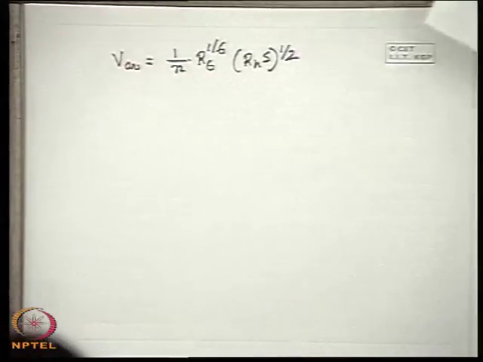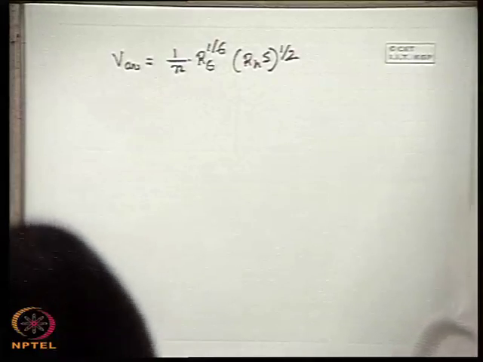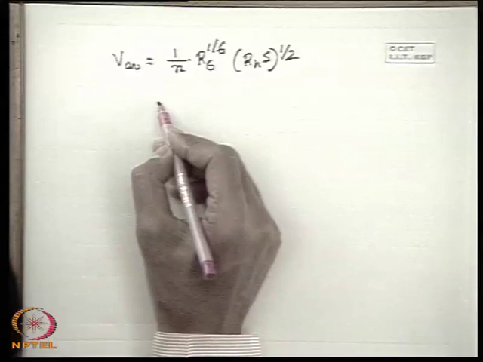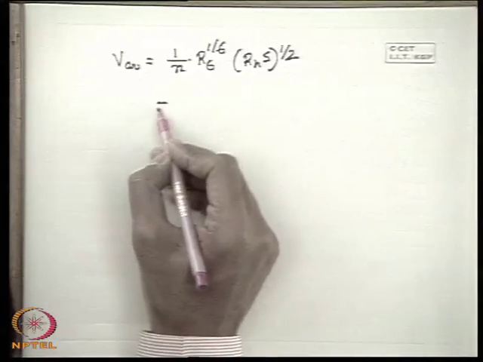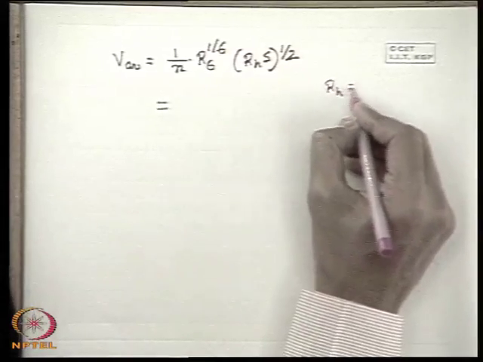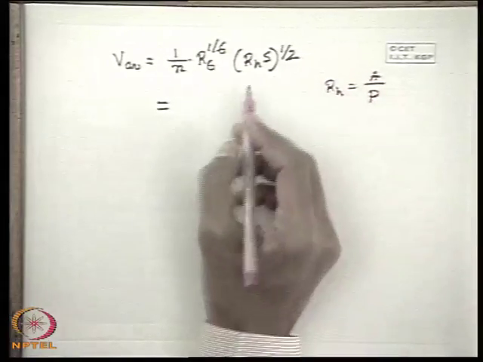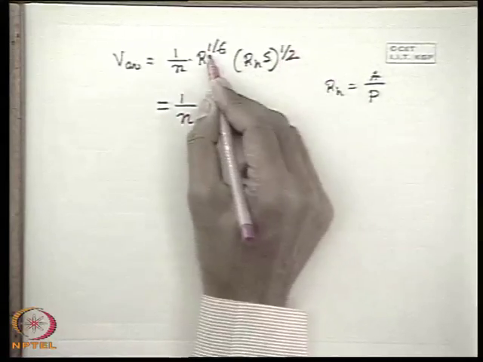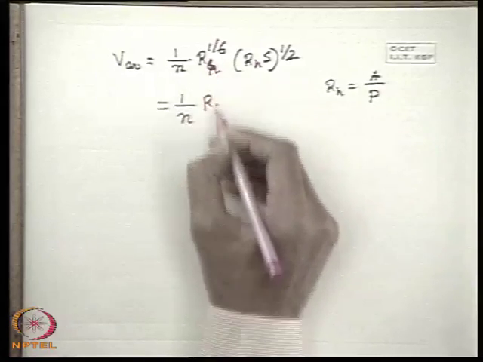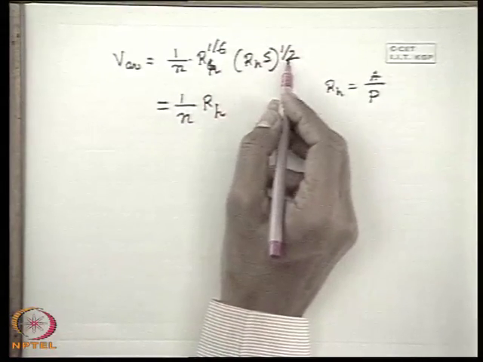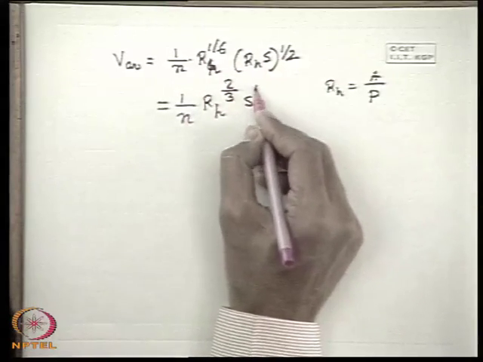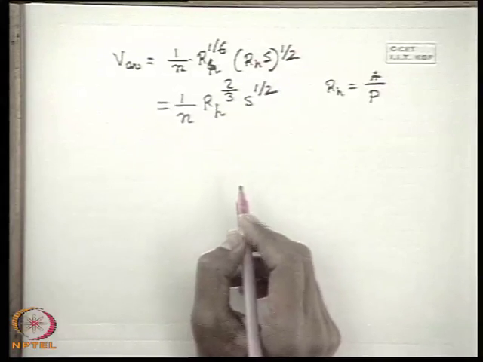So, therefore, we come to this value: V average is 1 by n RH to the power 1/6 into RH S to the power half. Now, RH to the power 1/6 and half become RH to the power 1/6 plus half, that means 1 plus 3, 4 by 6, that is RH to the power 2/3 S to the power half.